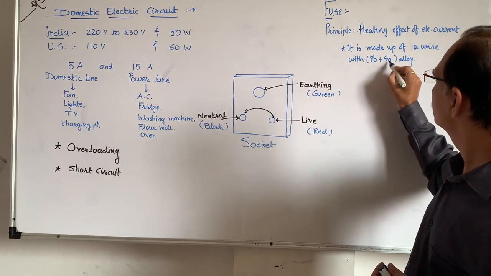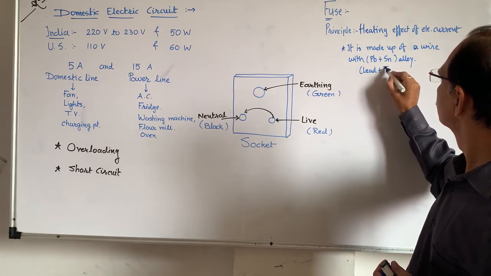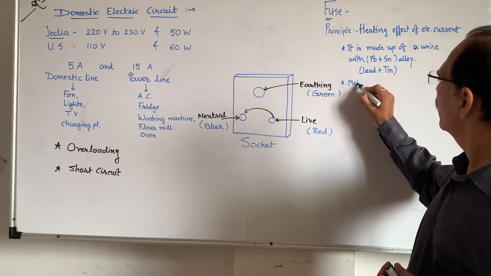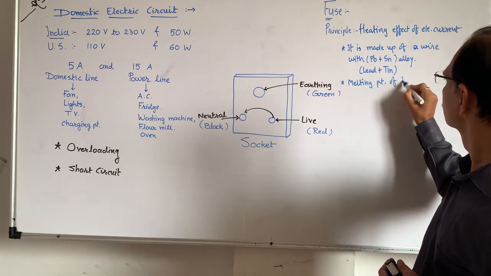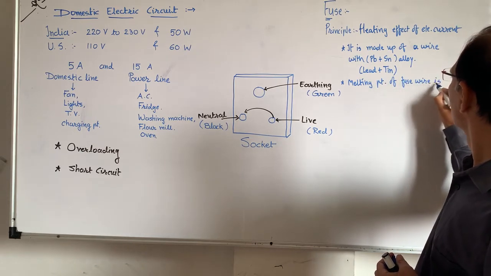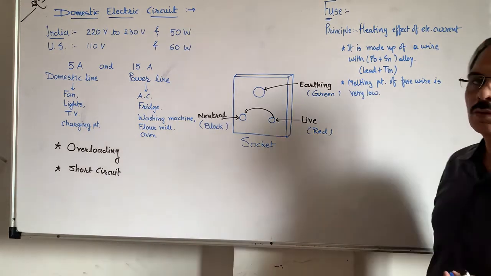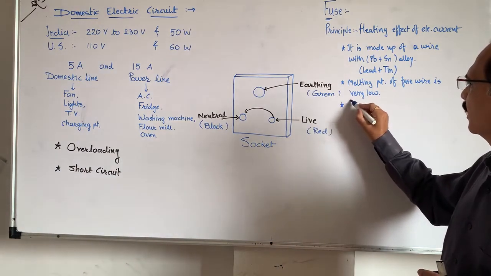This is called lead, this is called tin. The melting point of fuse wire is very low, so that it can bear only 220 to 230 voltage.